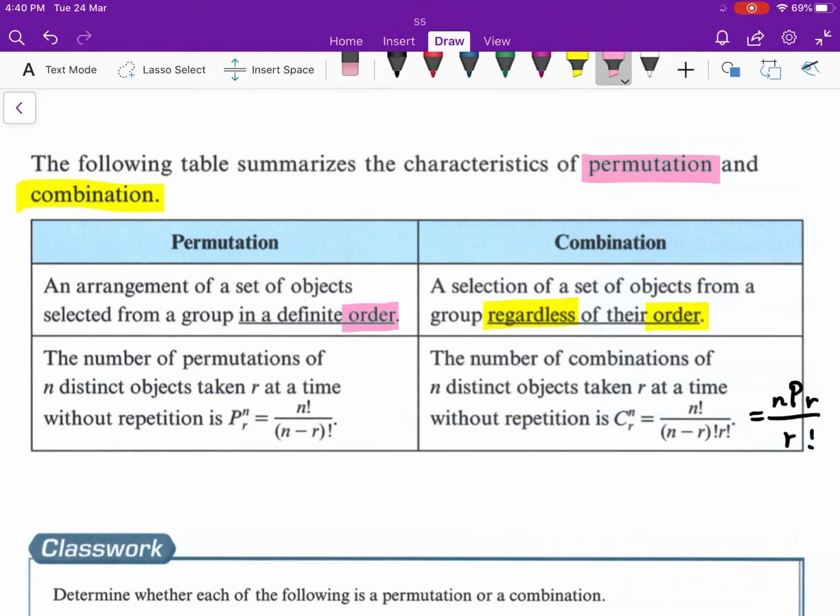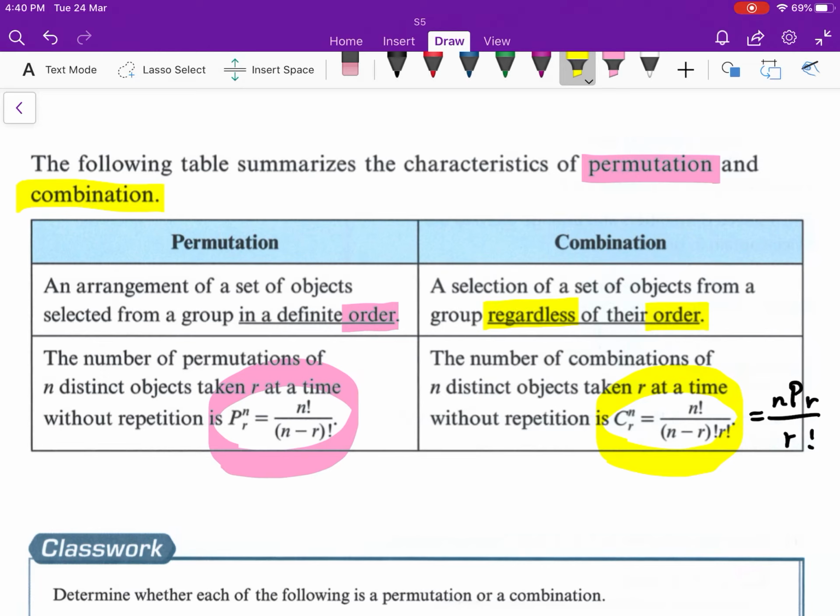Then the formula of permutation, NPR, equals n factorial divided by n minus r factorial. Then the NCR formula is n factorial divided by n minus r factorial times r factorial. If you simplify, you can see that NCR is equal to NPR divided by r factorial. We just divide by all the order factor, we negate all the order factor.